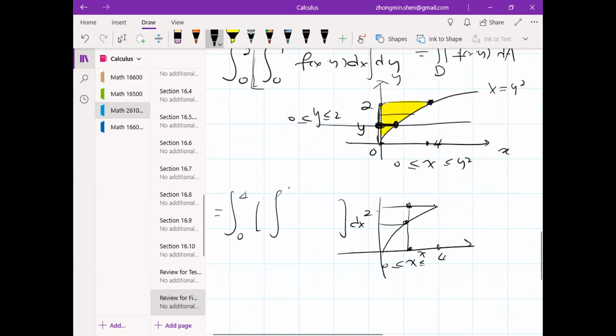The top one is clear, but the bottom one depends on x. This line is x equals y squared, so y equals square root x. So for a fixed x, the y value is going to be square root x. Okay, so we switch the order. You are using the vertical line.